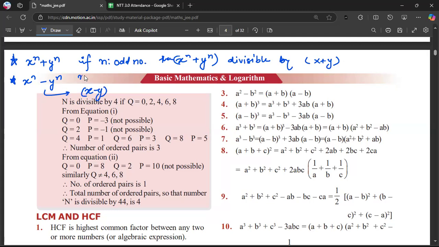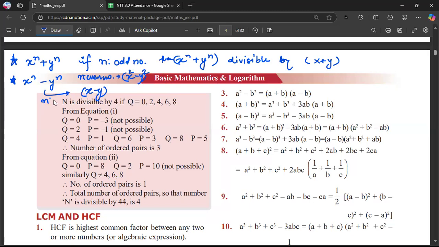And if n is given as particularly an even number, then it will be divisible by both x minus y and x plus y. Then it will be divisible by x square minus y square.